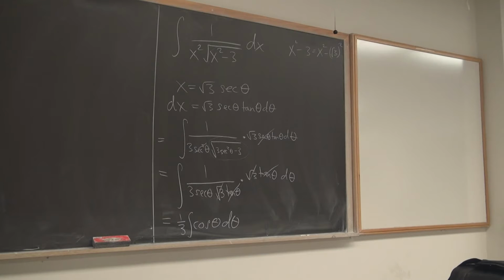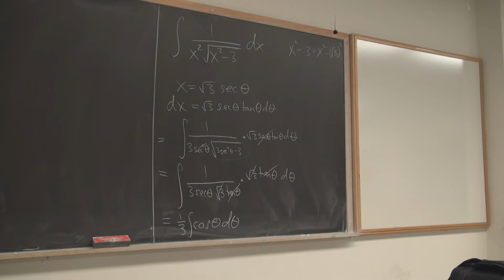So that's our answer in terms of theta, but that's not good enough, right? Because we were asked the question in terms of x. How do we get the answer in terms of x? Since I know that x is equal to radical 3 secant theta, what does that mean?